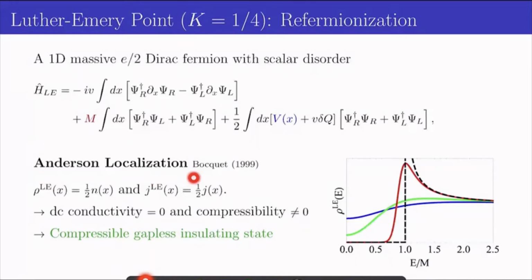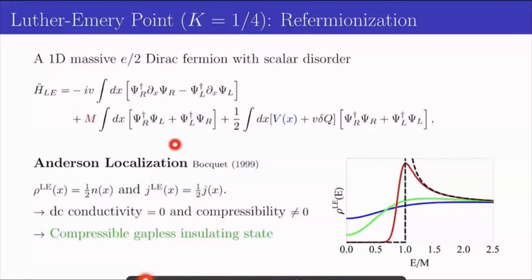And we can further use the property of the density and the current operator between the Luther-Emery theory and the physical theory, because they are simply related by a factor of 1/2, to infer the physical property of the state.